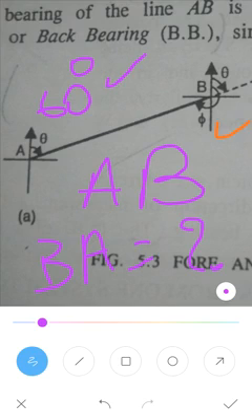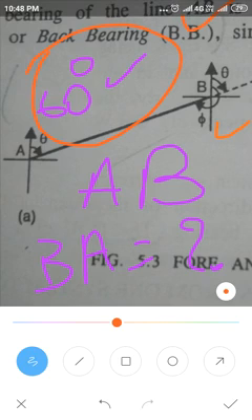Always, if you take the line backwards, you have to add 180 degrees or subtract 180 degrees. Where to add and where to subtract is different. If the bearing of the survey line is less than 180, you should add 180, and the back bearing of that line will be 180 plus that angle.